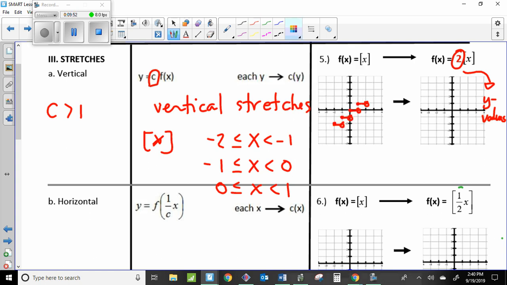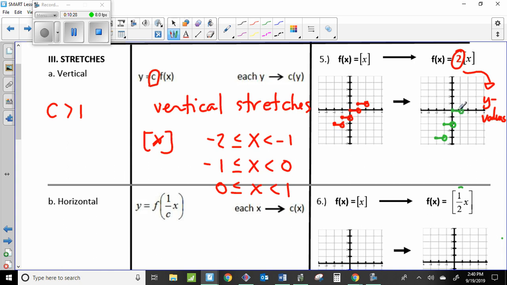So instead of x from negative 2 to negative 1 being negative 2, now x's from -2 to -1 will have -4. So the y value, -2, is multiplied by 2. So the x value from -1 to 0 will have -1, will now have -2. And then the y value for x from 0 to 1 will still be at 0.